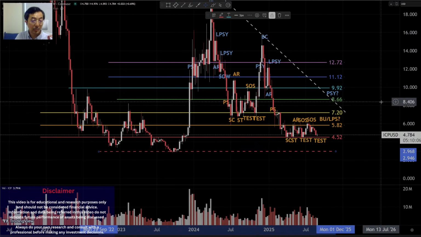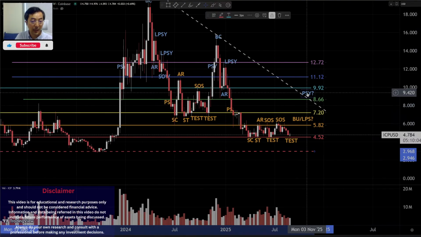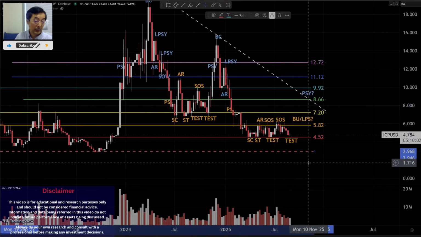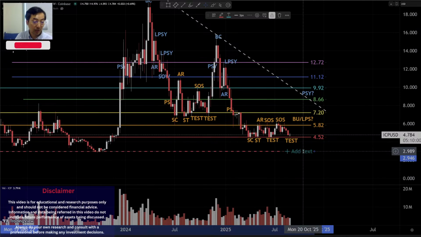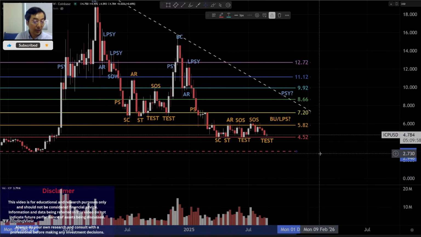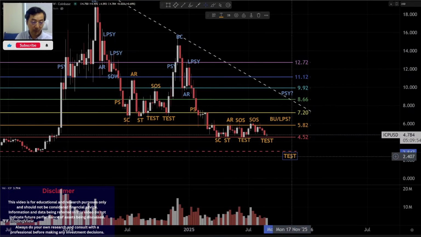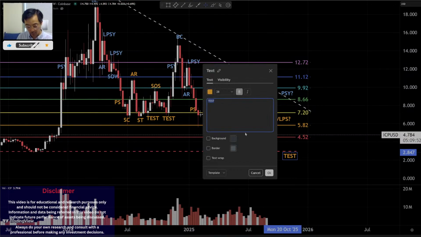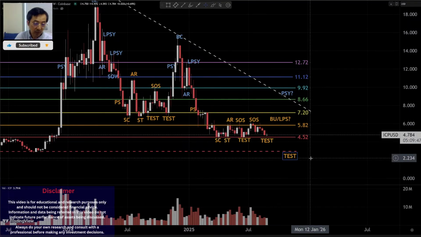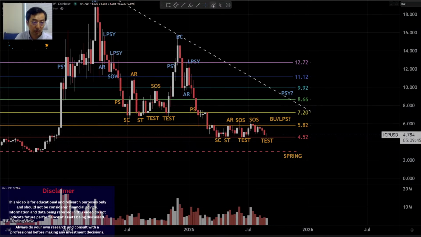Okay? So that's the big picture, right? While we hope for the best, it's not zero chance that it goes to test the low. In terms of Wyckoff, there's a term for it, if you're familiar with it, assuming the price will still go back to a new distribution cycle: that's called a spring.